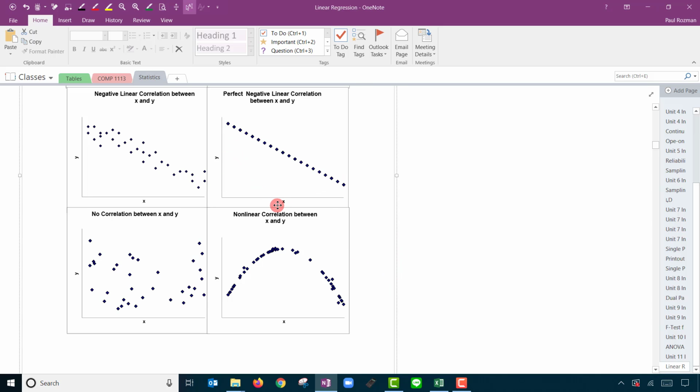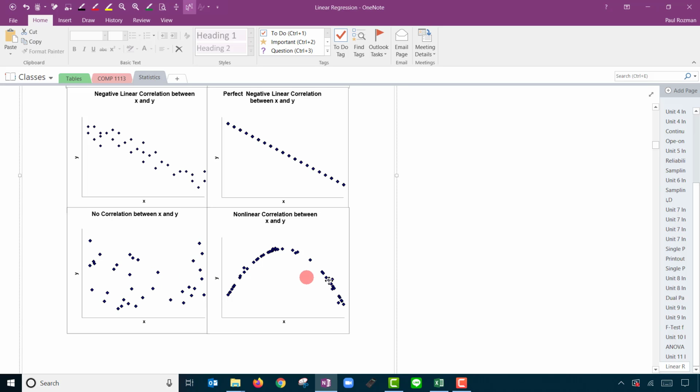So we want to come up with a way to measure the quality of the correlation. Certainly, this negative linear correlation is better than this one, and then there's many options in between. And there are options that are worse than this. Say, what is the difference between this one and this one?